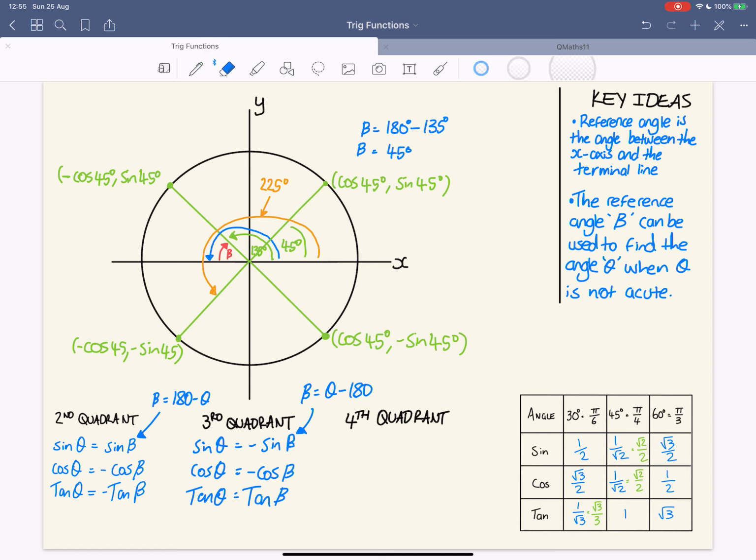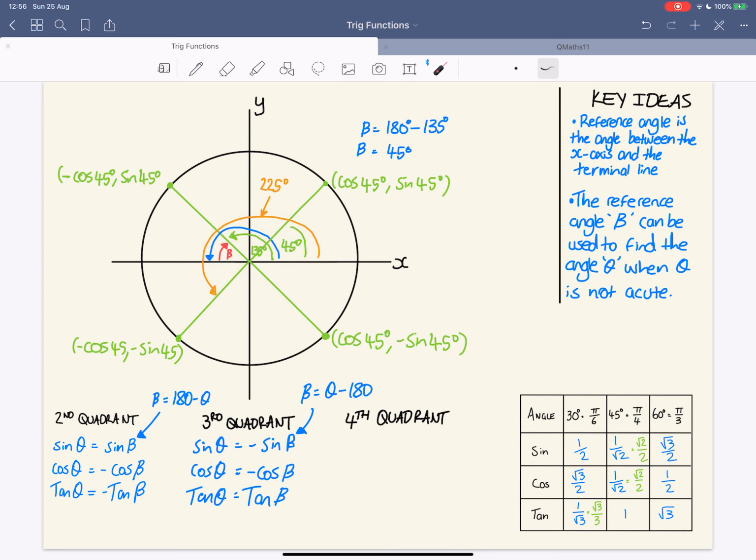Now, how do we find the reference angle here? How do we find this? Well, it's going all the way around. Take away your actual angle that you know. See that? If you go around the complete circle, 360, and you take away theta, it leaves you with this.